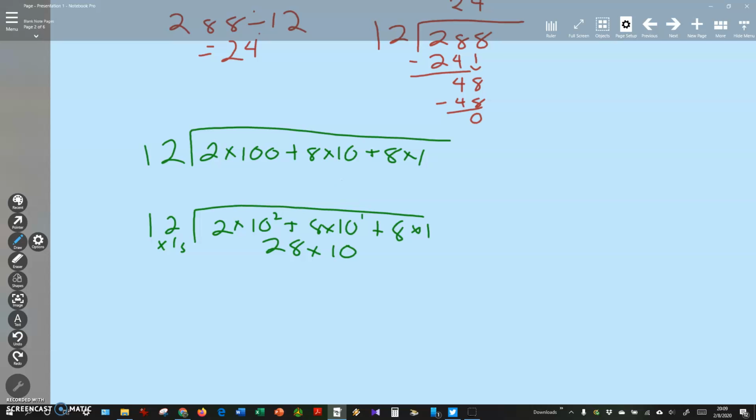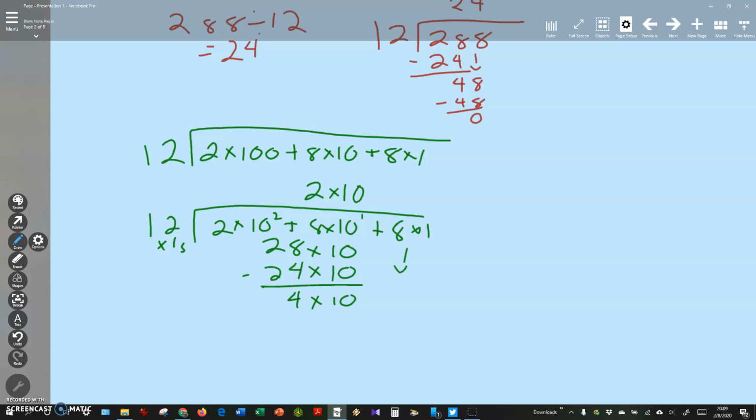Let me back that up a second. I need 2 tens, which would give me 24 tens. And when I subtract, what's left over are 4 tens, which matches up with the 40 in the 48 above.